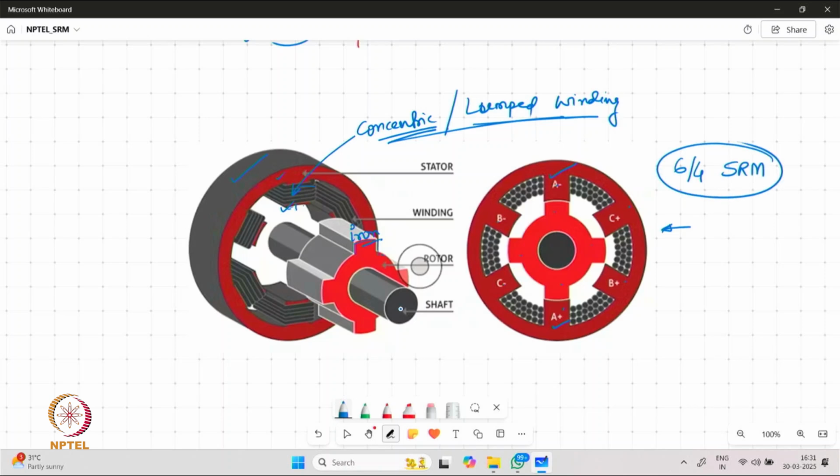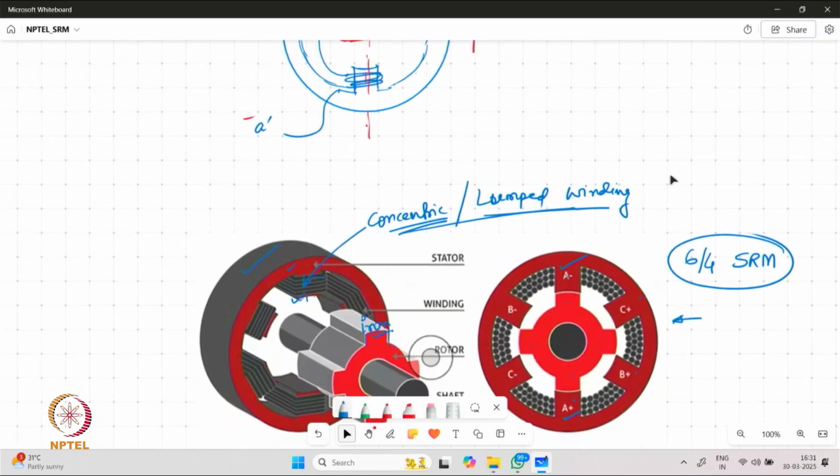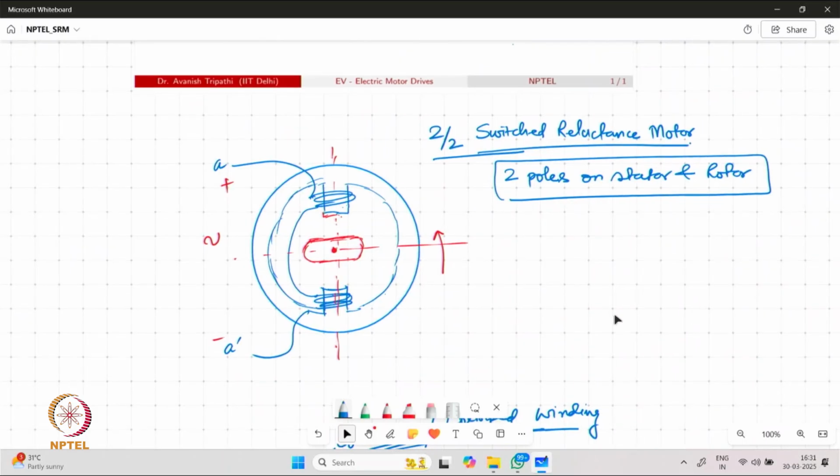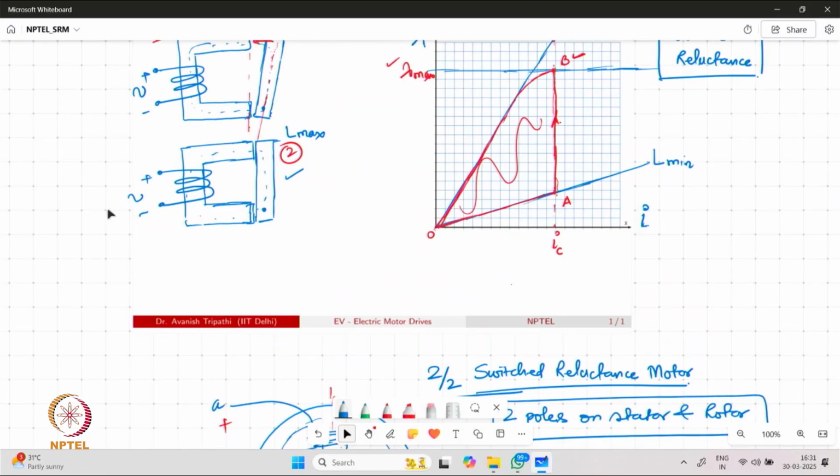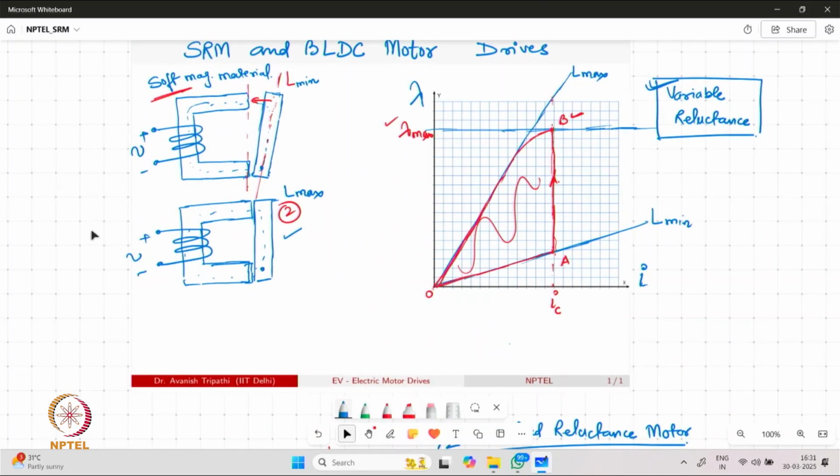However, to understand the basic functionality of SRM, we would go back to the 2x2 structure to understand how exactly the torque is generated in the machine and how we are making it operate with the excitation. So what we are finding is that once again, similar to our C-core electromagnet structure, we have two values for inductance provided over here.